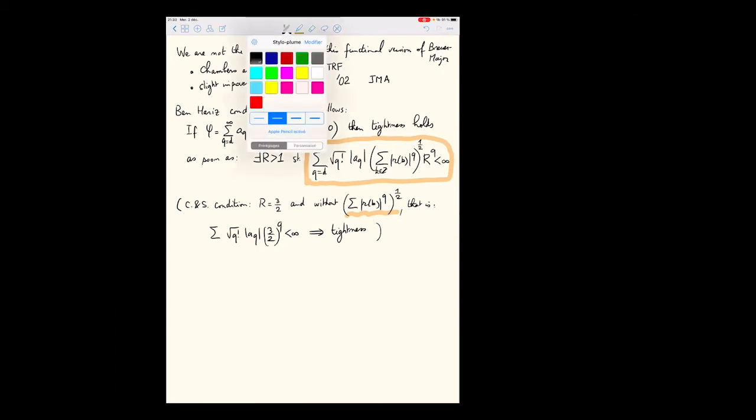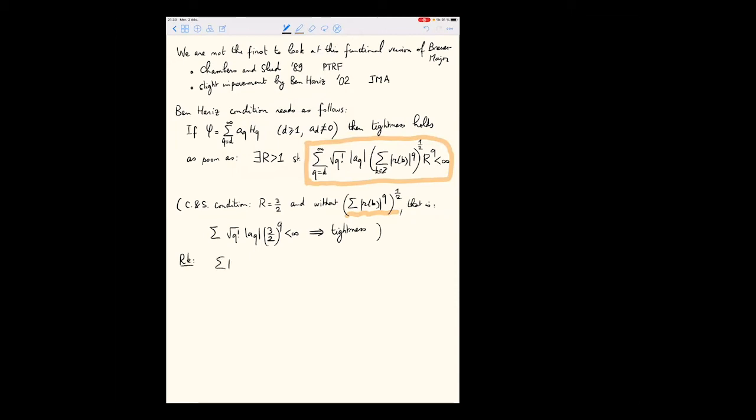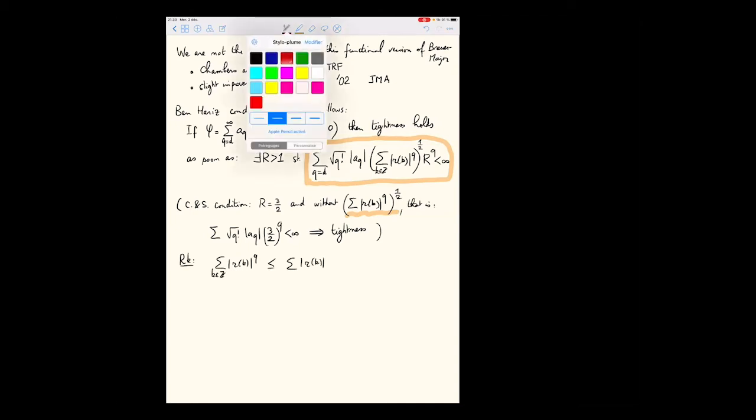Okay, and why is it not a problem not to have this sum of r_k power q? Because the sum of r_k power q, you can always bound it by the sum of r_k power d, where d is the Hermite rank, which is something that does not depend on q, so you can just remove it from the condition.